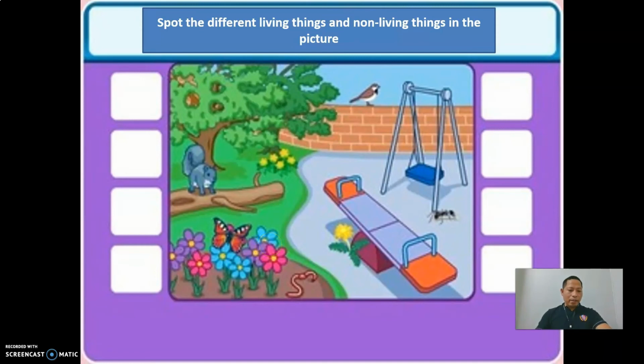Okay, last 1 minute, one more minute. Take your time. Find those living things and non-living things in the picture and write them on a piece of paper.